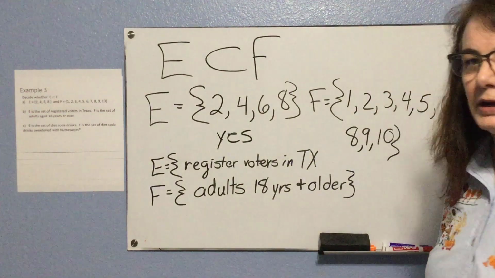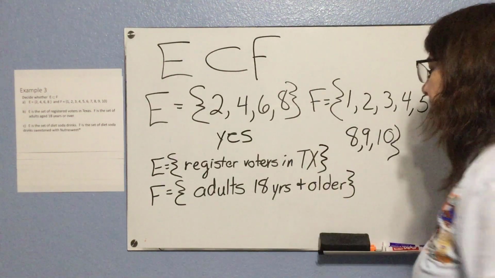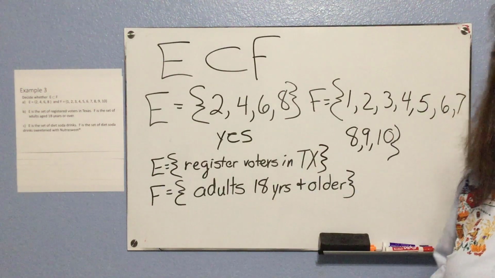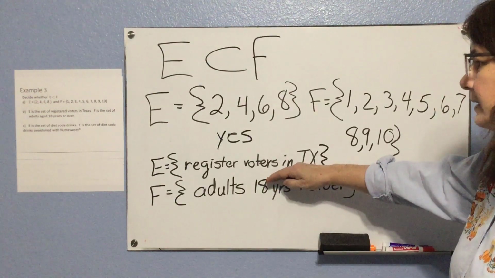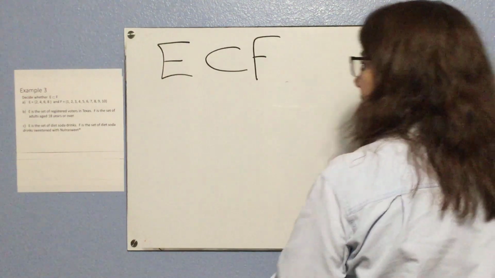Well, the way the laws are set up in Texas, to be a registered voter, I have to be 18 years old or older. So this is a subset of this. Okay, one more.